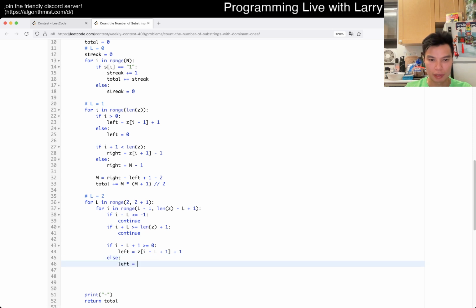Else, left is equal to 0. This is way awkward, but okay, fine. I think this is plus 1 as well, so this actually ends up being this. I'm totally aware that this is so sketch.